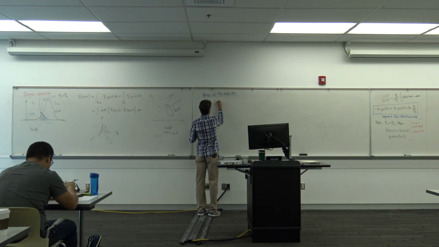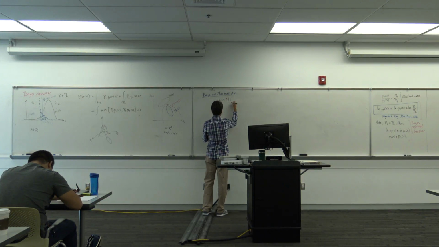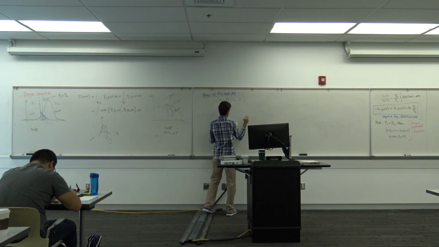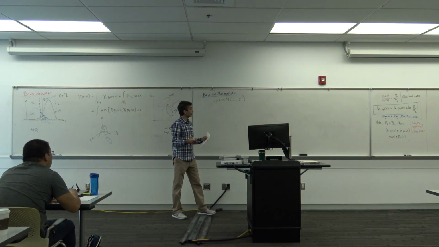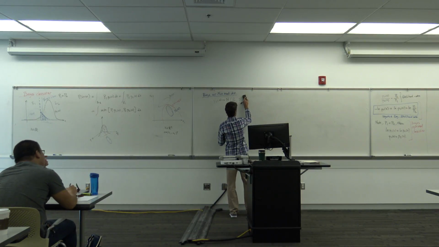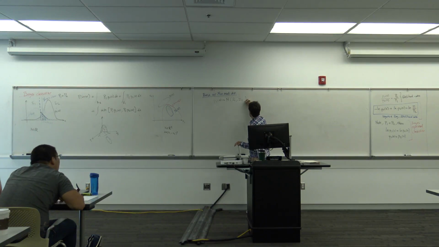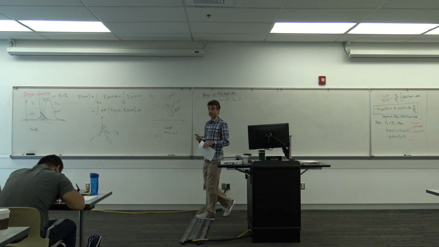Now my Pi of x is going to be drawn from a normal distribution with mu i hat to indicate sample mean, and sigma i. If you prefer, you could write sigma x, the covariance matrix sub i, to indicate class i, 1 or 2. But for simplicity, I like to just write sigma i, same as I write mu i.